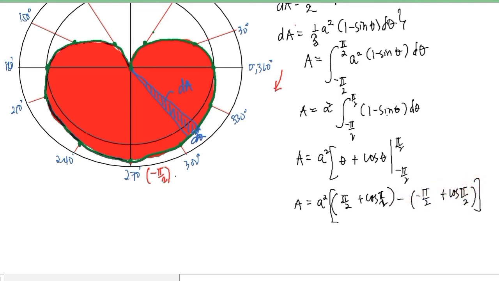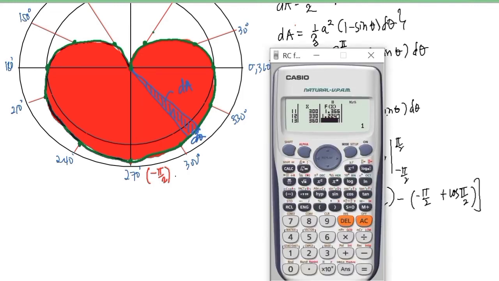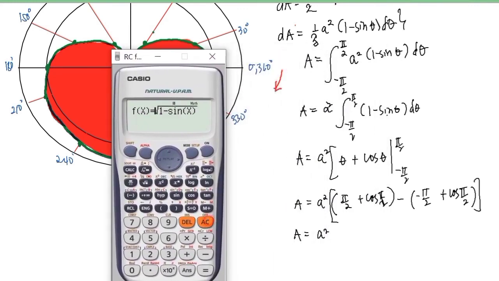Okay? So, with this, we have area is equal to a squared. Kung gagamitan natin ng calculator, naka-radian mode kasi ito, lagay natin siya sa radian. So, we have here cosine of pi over 2.